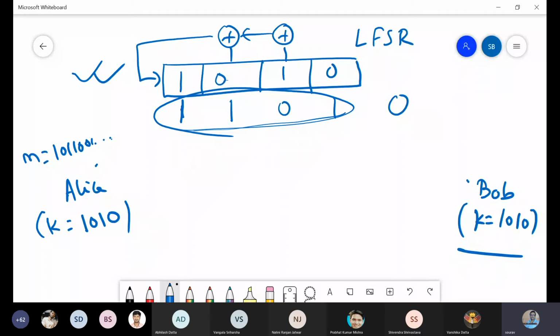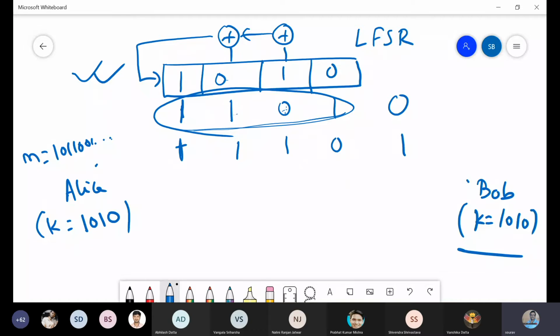Now we copied this here, and again we run the same. This one will come here, this one will go there, this 0 will come here, this one will be out. And what about this value now? This will now be XORed with these two, the current values, and again we get 1.